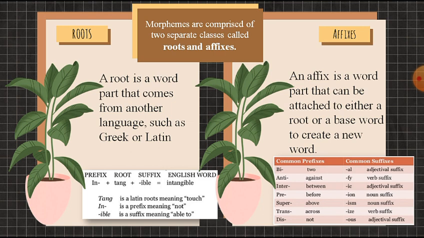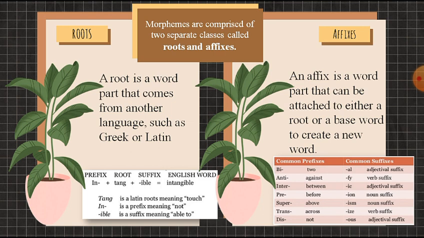For prefixes, there are examples like be, anti, inter, pre, super, trans, dis. Each of these prefixes has a meaning: be means to, anti means against, inter means between, pre means before, super means above, trans means across, and dis means not.